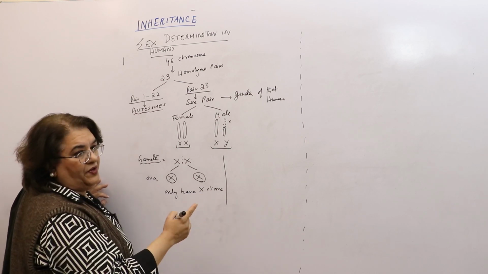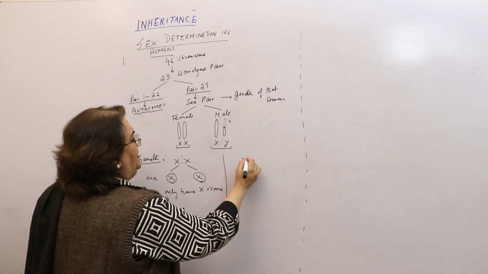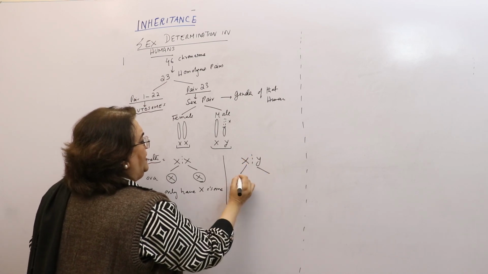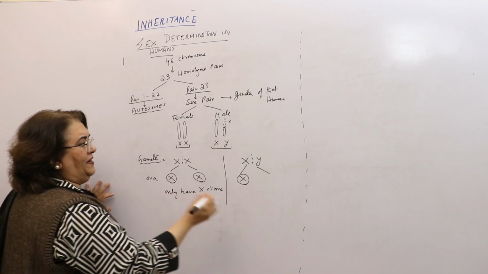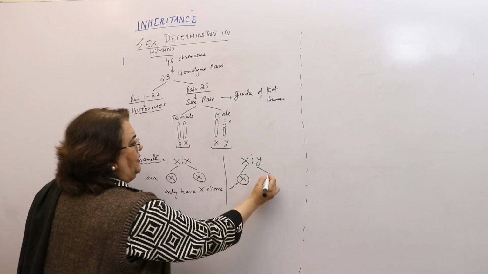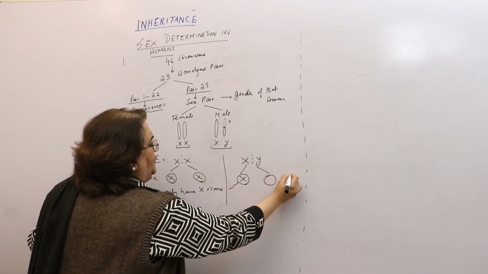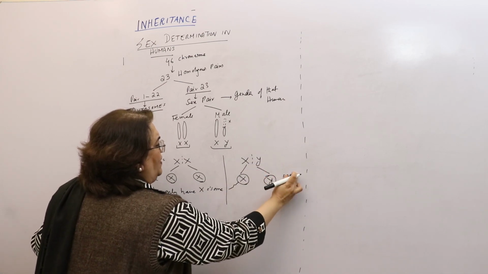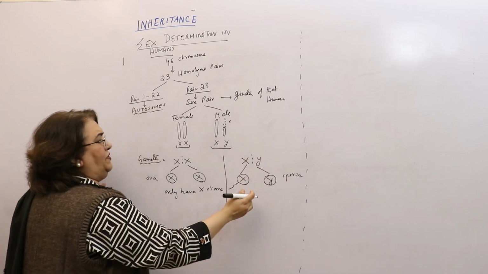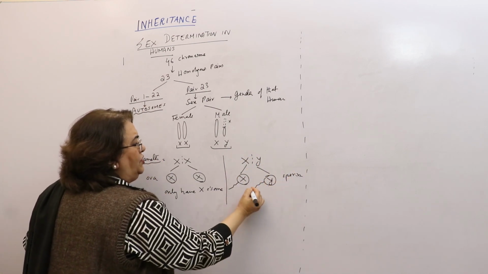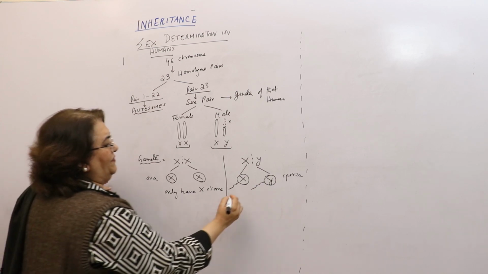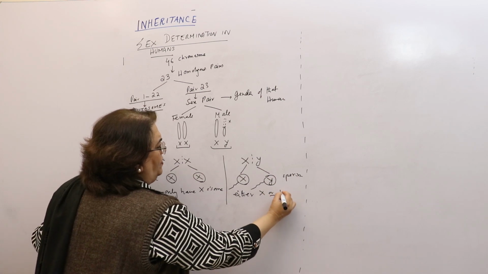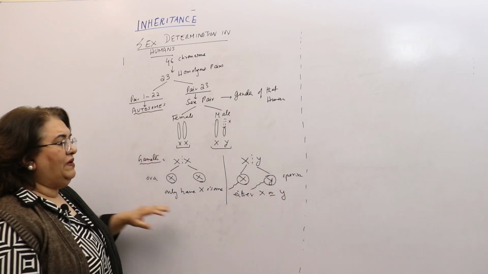Whereas in the male, the gametes are termed sperm, and we can draw a tail to represent a sperm. Because the X and Y separate out, the sperms have either an X or a Y chromosome.